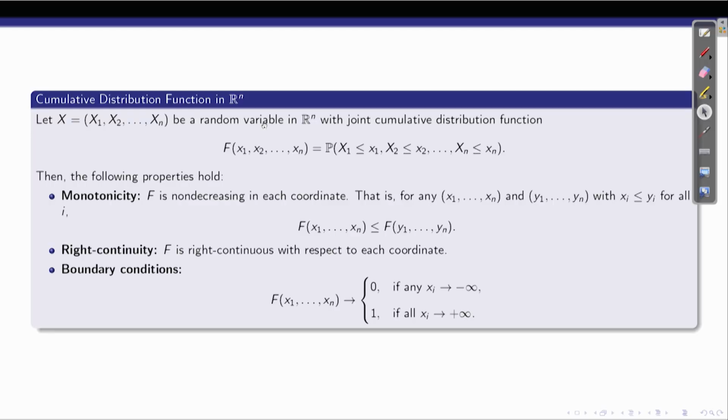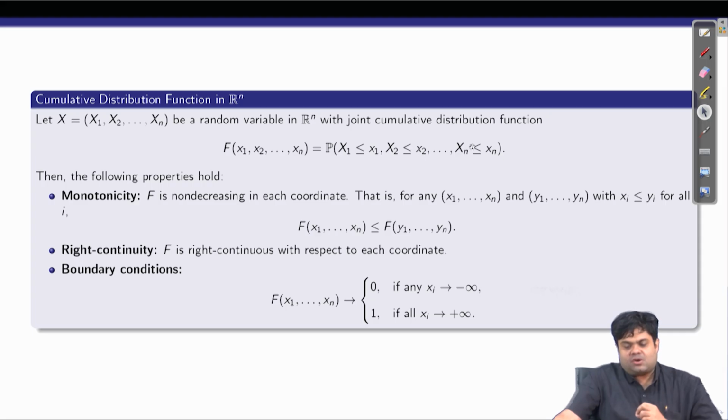Take a random vector X1, X2, ..., Xn with joint cumulative distribution F(x1, x2, ..., xn), which is the probability that X1 is less than or equal to x1, X2 less than or equal to x2, ..., Xn less than or equal to xn. Suppose F is the joint distribution of a multivariate random vector; then the following properties hold.